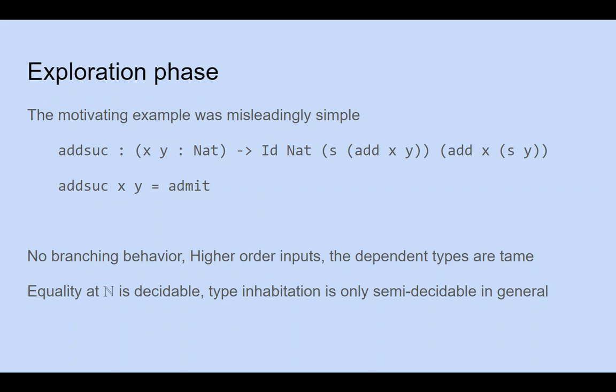In the specific example, when you're outputting an equality at nat, it's nice and decidable, whereas there's no guarantee that a type will be inhabited in a decidable way in general.